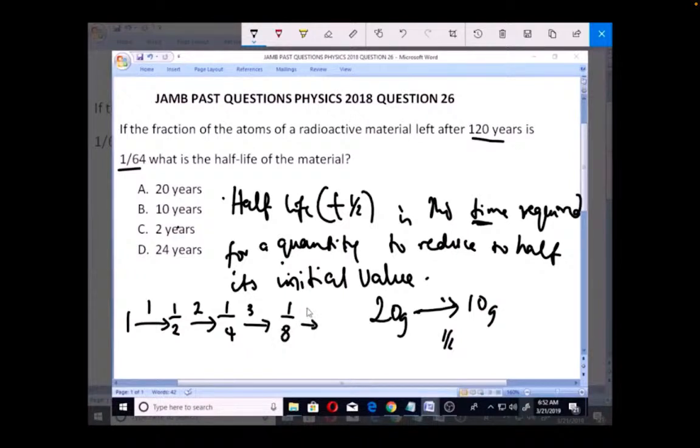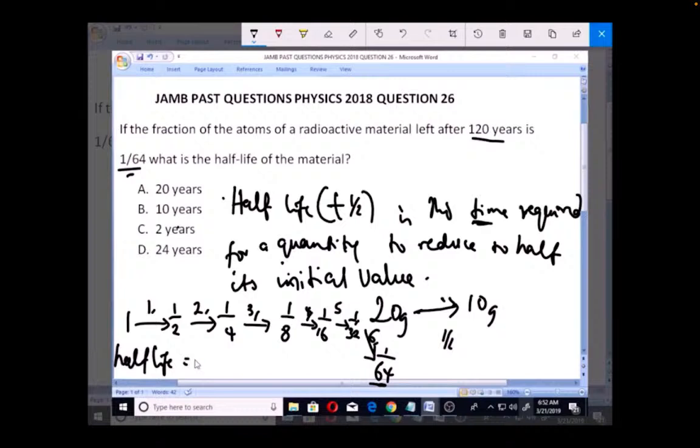The fourth movement, 1 over 16. The fifth movement, 1 over 32. And finally, the sixth movement, 1 over 64. And 1 over 64 is what is given here. So how many movements got you to 1 over 64? You have 1, 2, 3, 4, 5, 6. 6 movements.